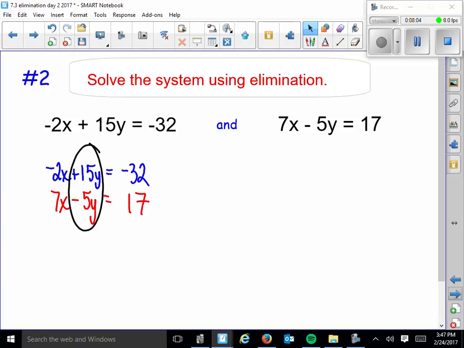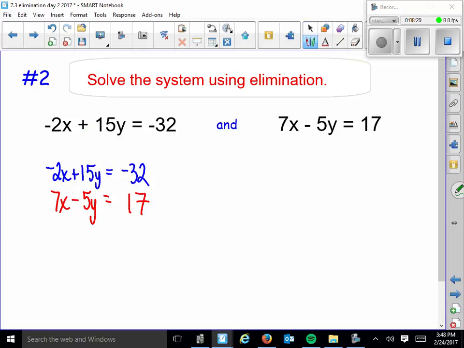The two y terms have coefficients of positive 15 and negative 5. I recognize right away that 5 will divide into 15, and it's only a one-step process because I would only need to multiply the bottom equation, the red equation, by 3. So I'm going to go ahead and do that.